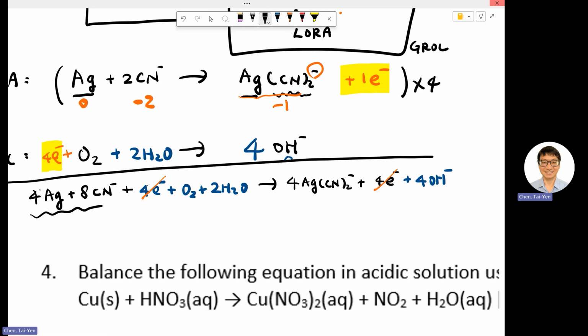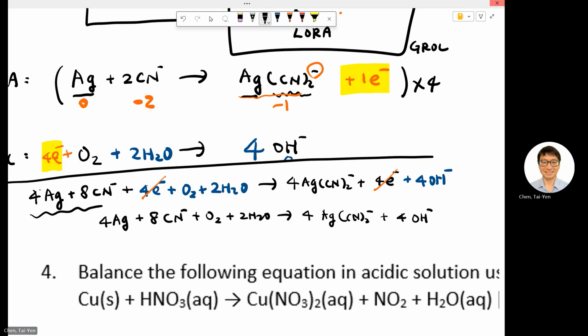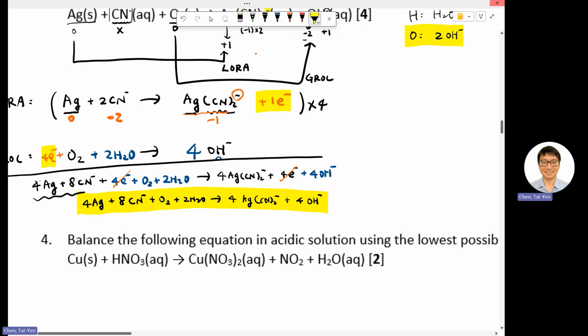So all you have remaining will be 4 Ag plus 8 CN minus plus O2 plus 2H2O. That's going to give you 4 Ag(CN)2 minus plus 4 OH minus. So this will be the balanced redox reaction we're actually looking for.